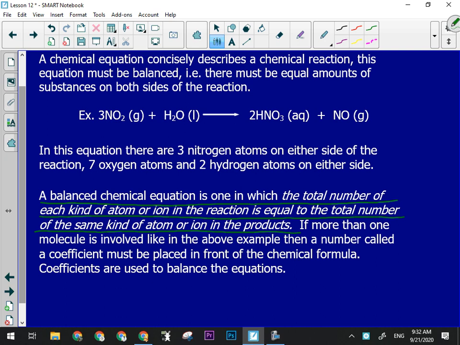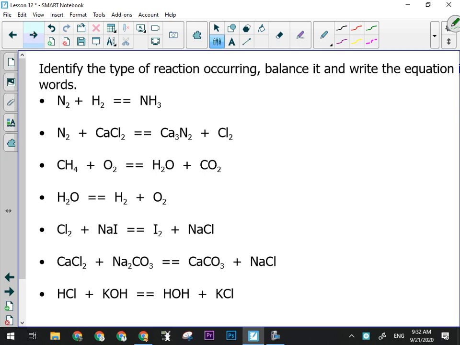If I change one of those little numbers, I'm changing the chemical it produces. That's not something I can do. All I can do is change how much of each chemical there is by putting in the coefficients, the big numbers. So I can't change the reaction. I can just change how much stuff reacts in order to make it balance.